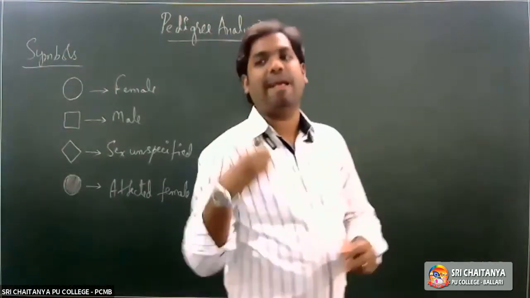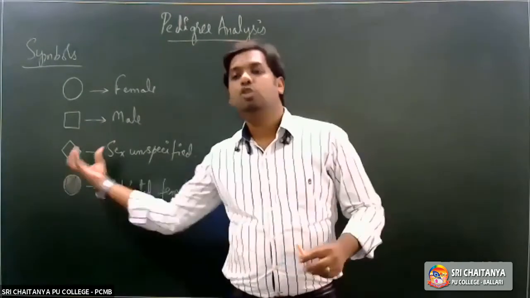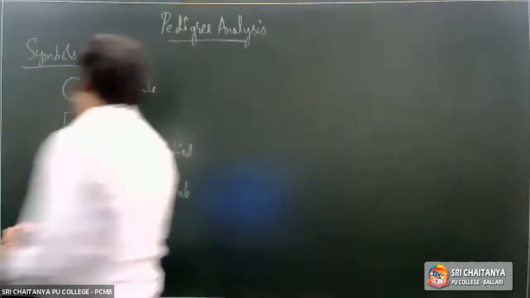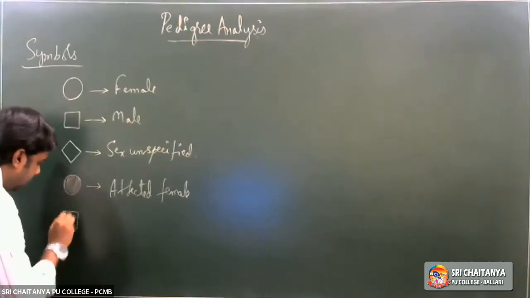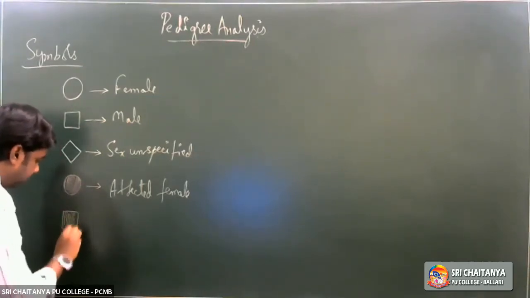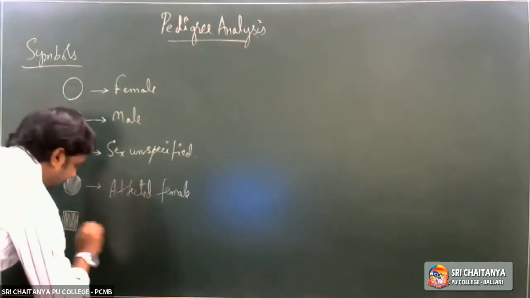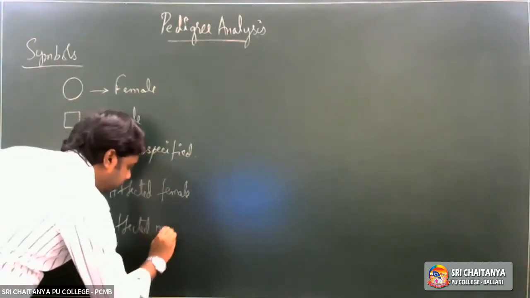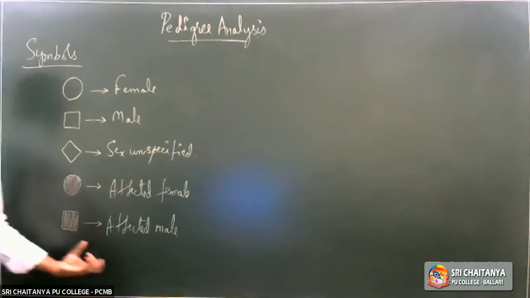The same with the male. If there is a square and it is solid, this would indicate an affected male. So a solid circle indicates affected female, and a solid square indicates affected male.